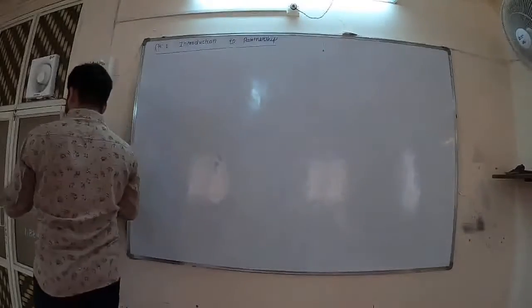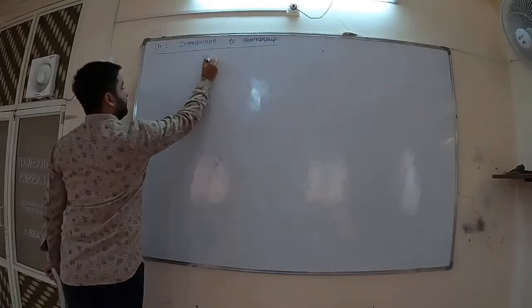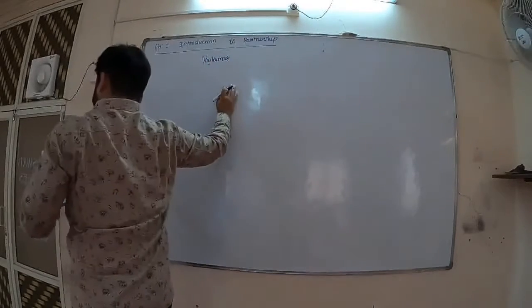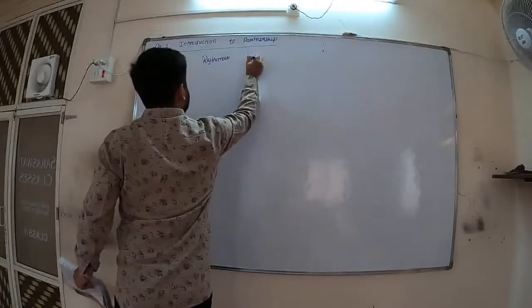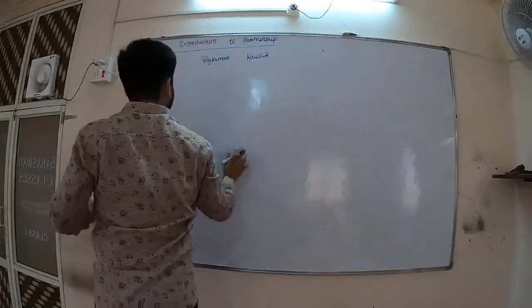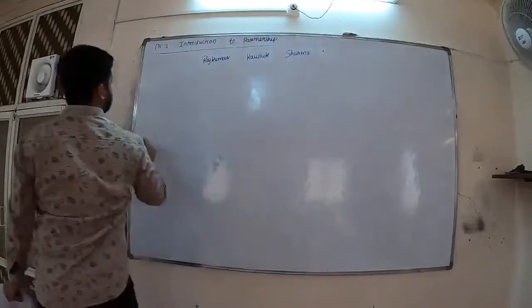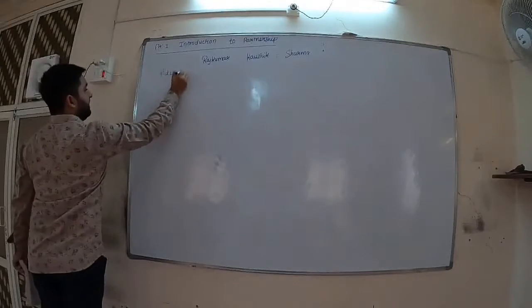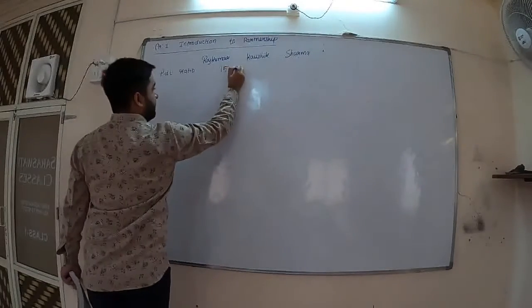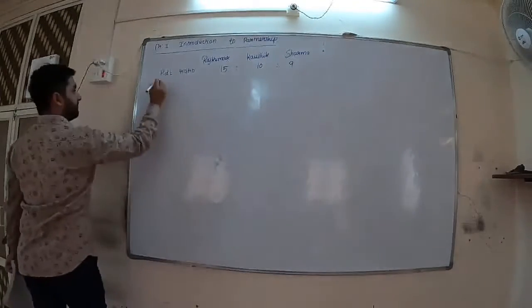Write in the data. Rajkumar, Kaushik, Sharma. P&L ratio 15:10:9.